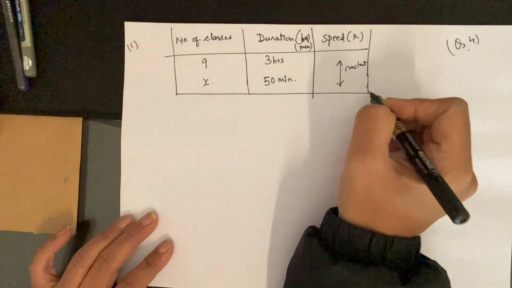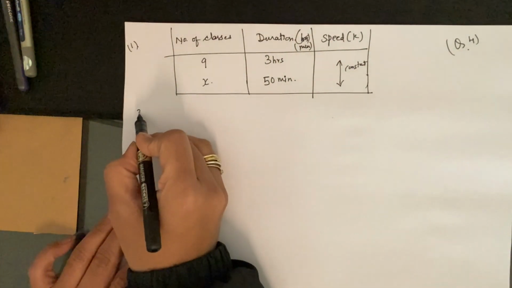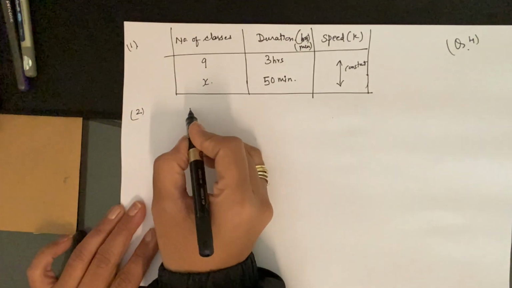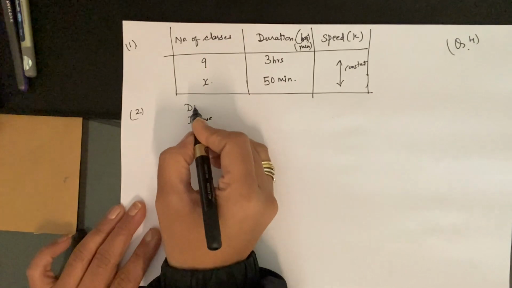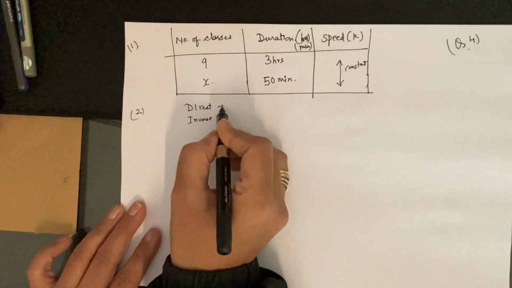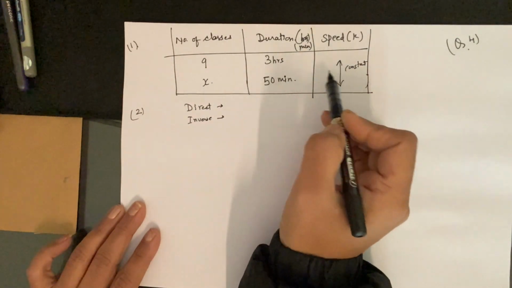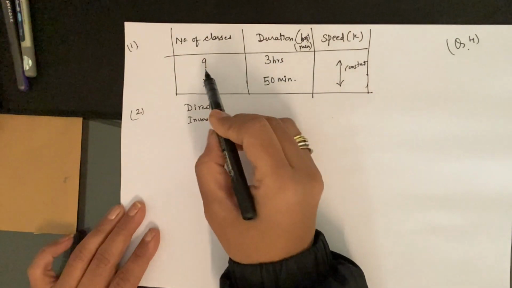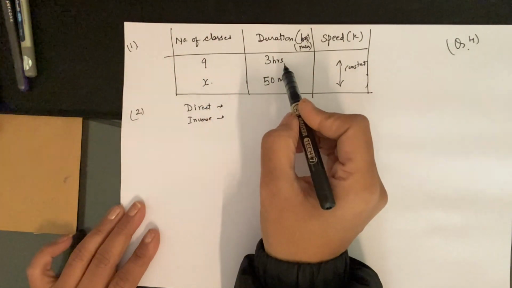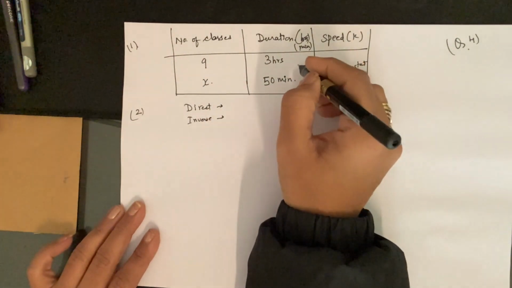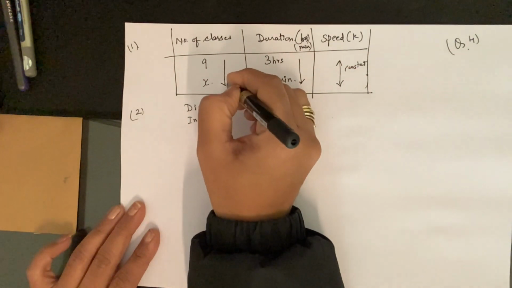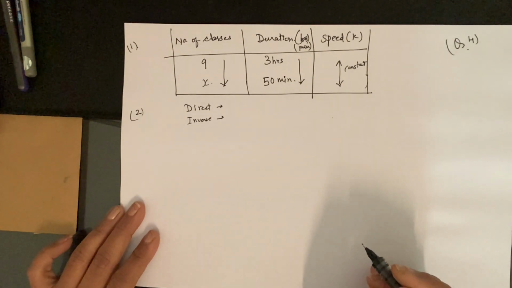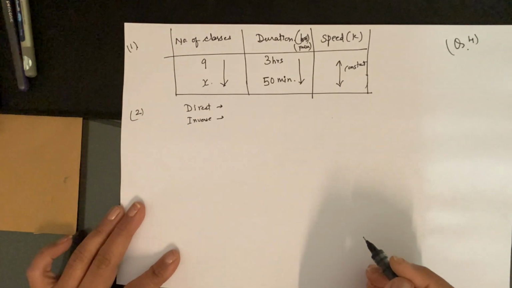So the first thing we'll do here is analyze whether this is a direct or inverse proportion. If at the same speed the teacher is taking 9 classes in 3 hours, then when the duration is reduced, of course at the same speed the number of classes will also reduce.